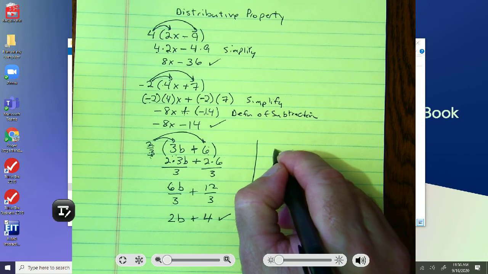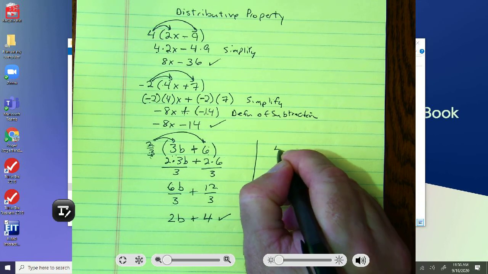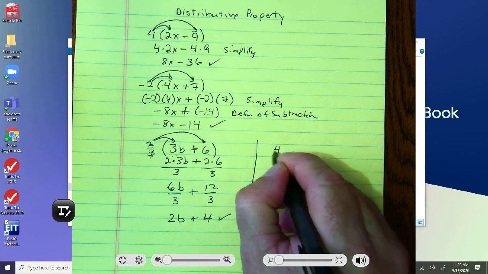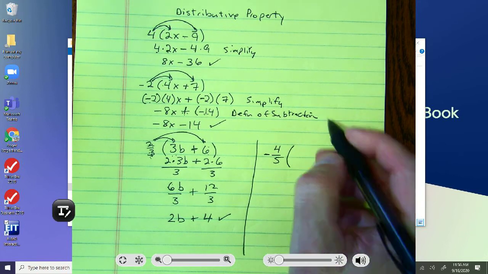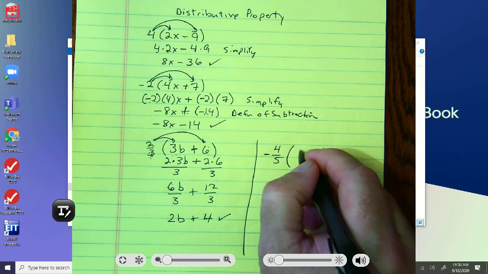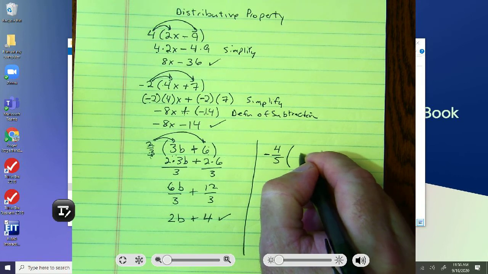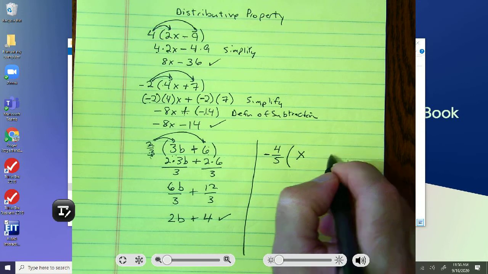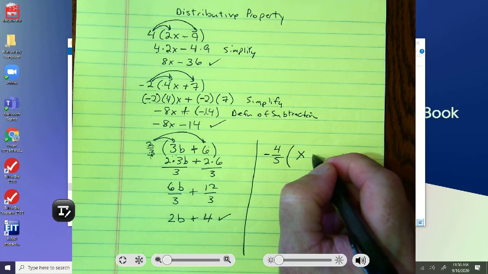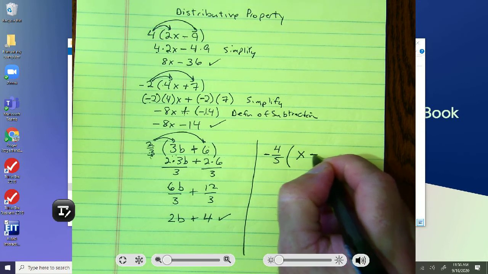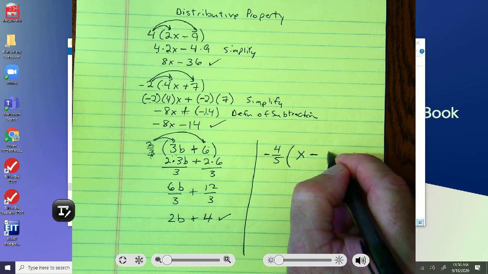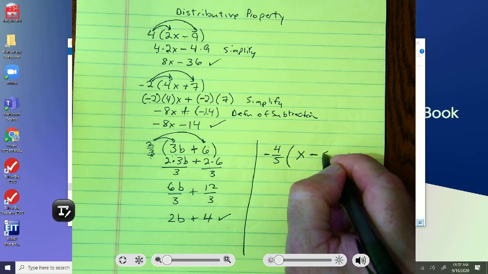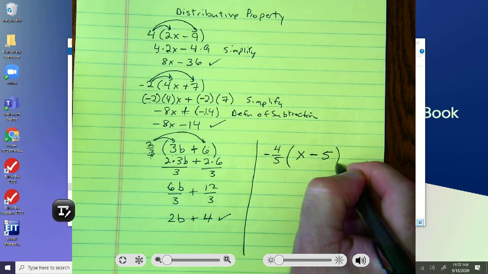I'm going to choose negative 4/5 times the quantity x minus 5. Just keep it simple.